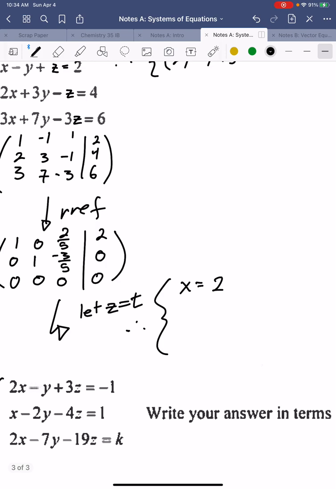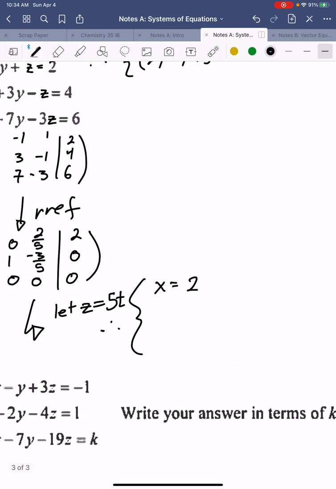Let's make this a little nicer looking. To do that, all we have to do is multiply z by 5. So z equals 5t. We can do this because z can be anything we want. So if z equals 5t, then the fraction is gone.